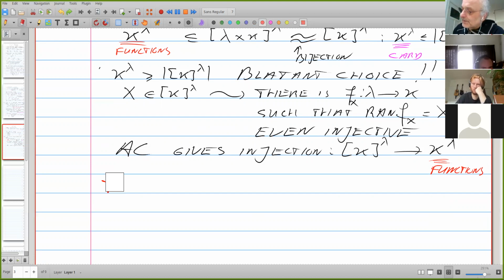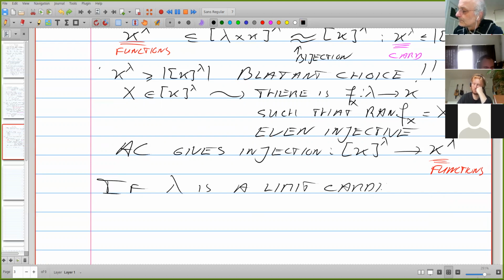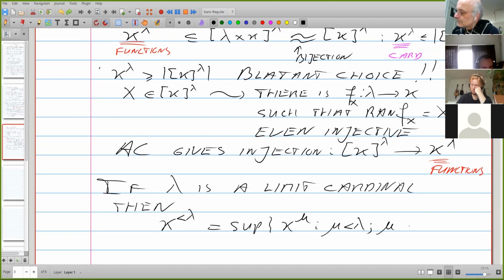Kappa to the less than lambda is the supremum of all the kappa to the mu's, where mu is less than lambda and mu is a cardinal.